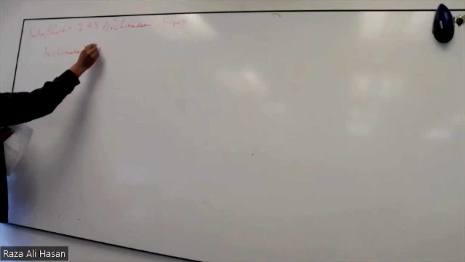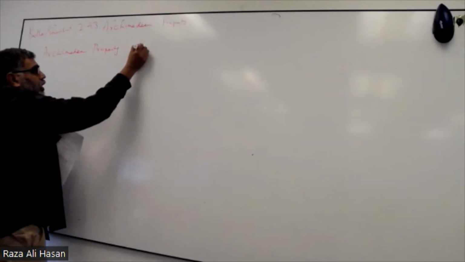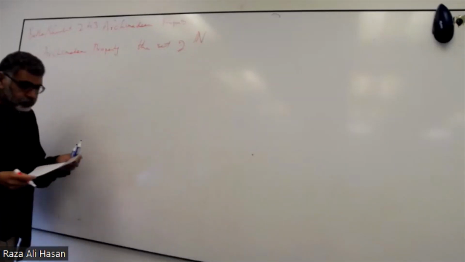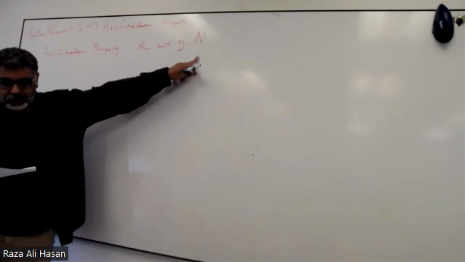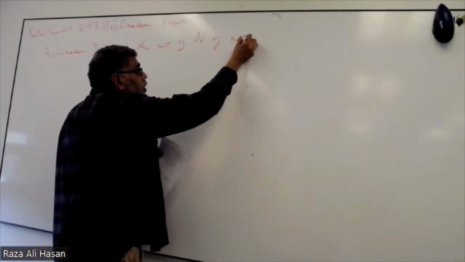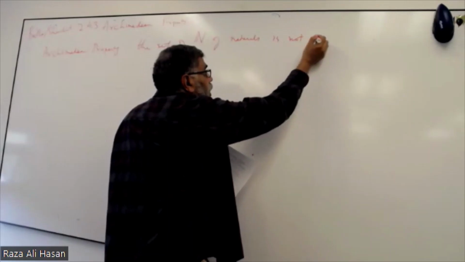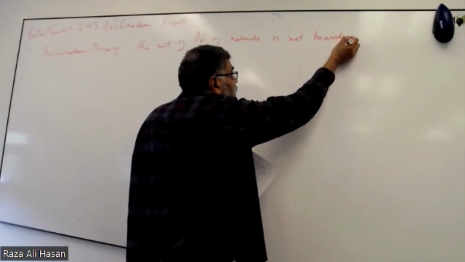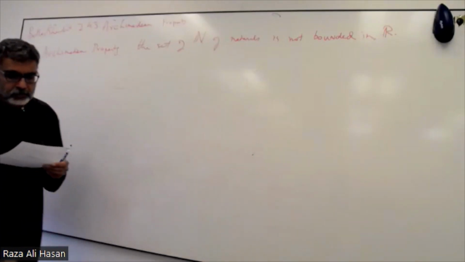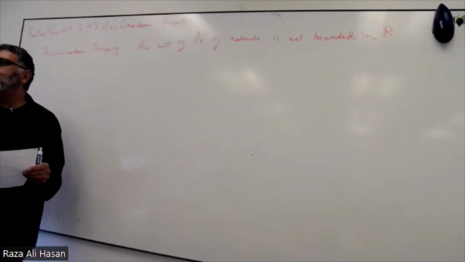Archimedean property says, what does it say? It says that the set of natural numbers is not bounded in R. Okay, so we just looked at that subset B. It was bounded in the real numbers.